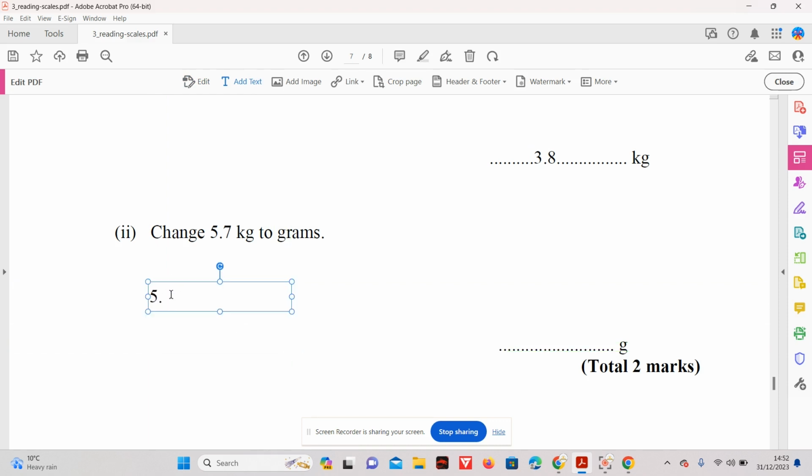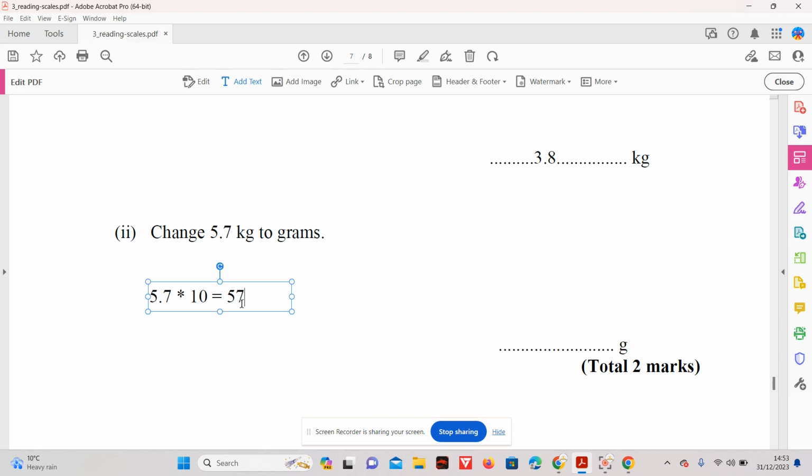So 5.7 times 10 will become 57, because I have simply moved the decimal point one place to the right. So now we've got the decimal point out of the way.